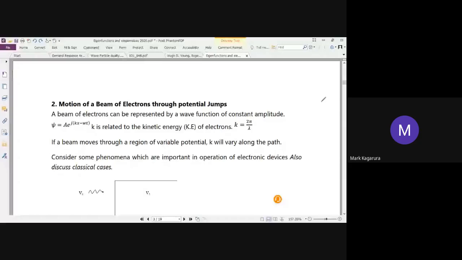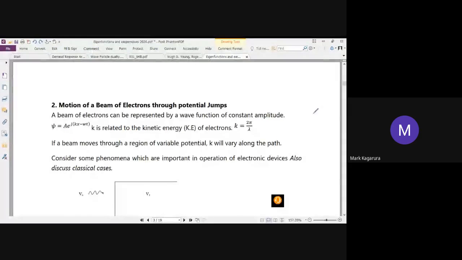Let me check my diagnostics so that I see what is happening. Okay, it has joined with audio, so sometimes it joins without audio.